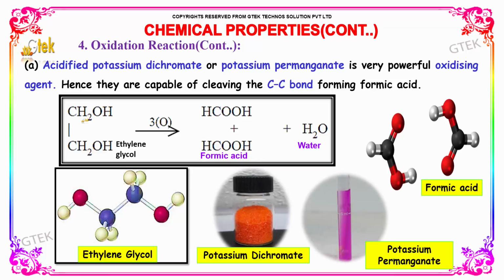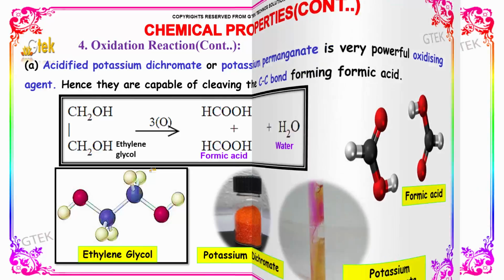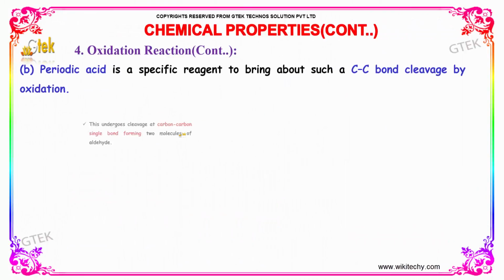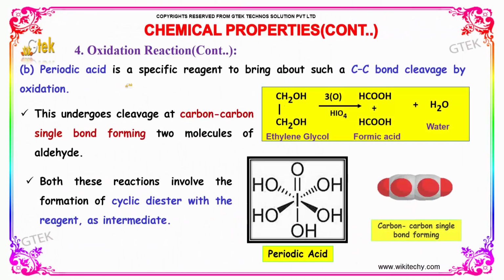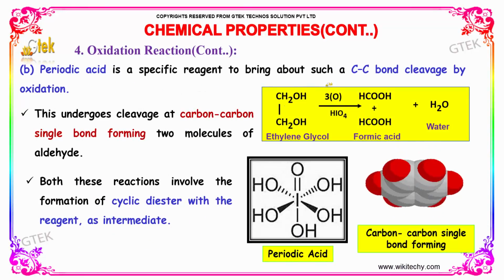Ethylene glycol, CH2OH-CH2OH, on addition of 3 moles of oxygen results in the formation of formic acid and water as a side product. This is a three-dimensional structure of ethylene glycol. Periodic acid is a specific reagent to bring about such a C-C cleavage by oxidation.